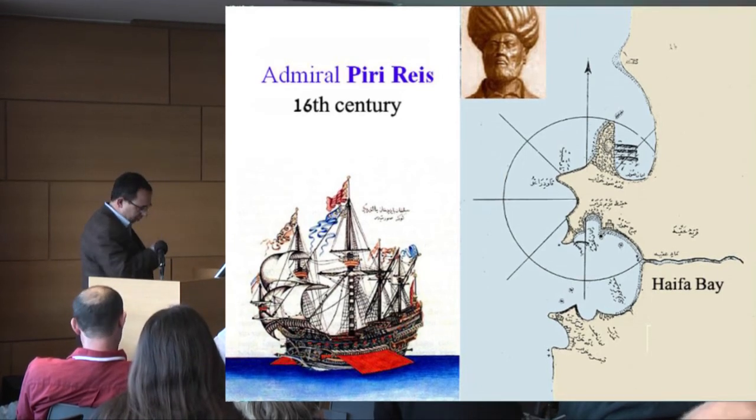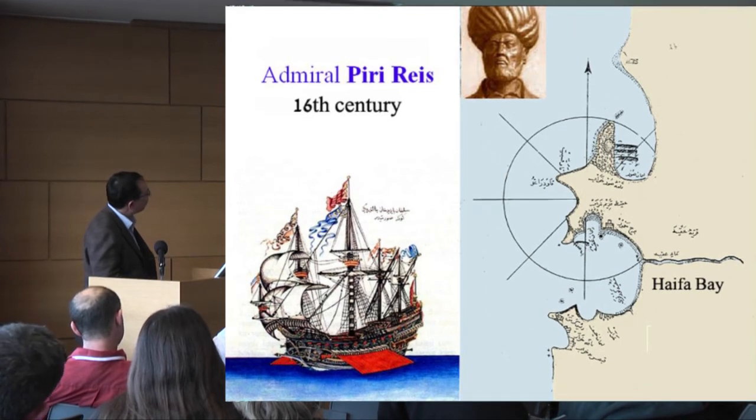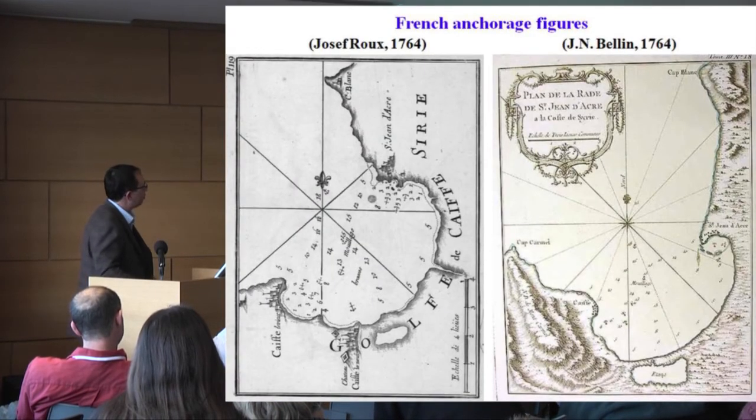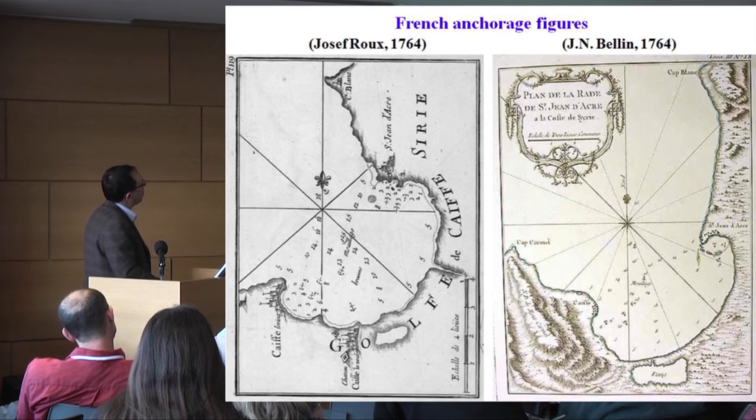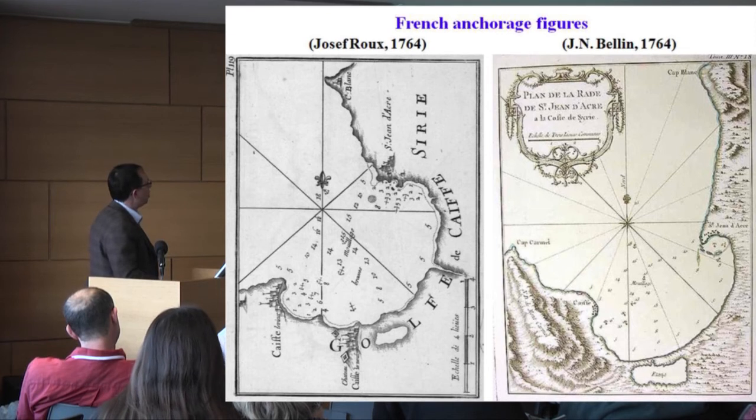So this is a very important chart, and there is a pretty large series of these charts. Afterwards, from the middle to the end of the 18th century, you can see the series of the French hydrographers, Roux and Bellin.